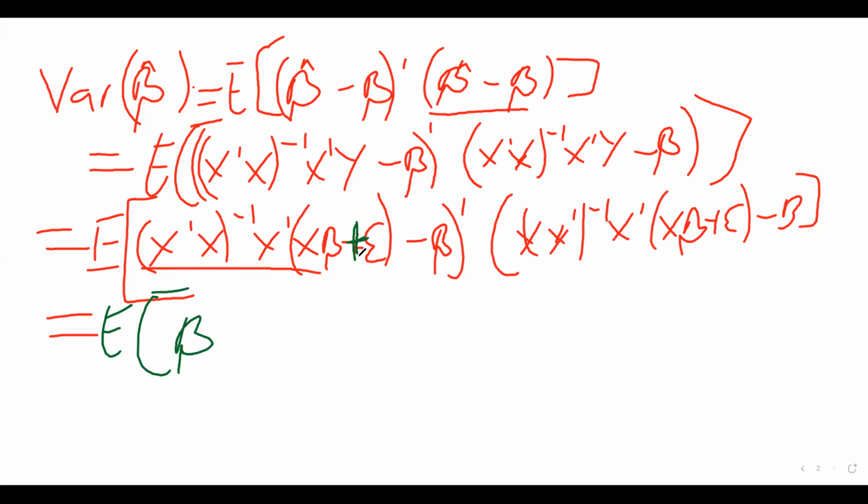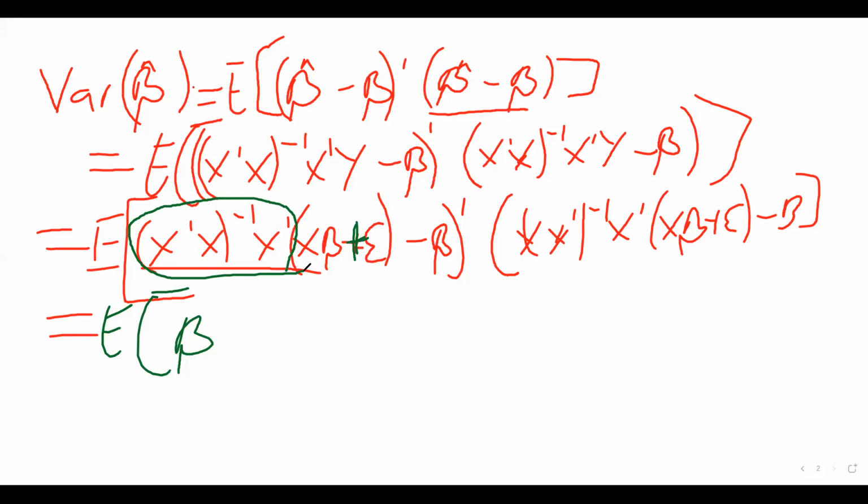And then this second part, the epsilon, will have this whole upper part. So if it is going to have that whole upper part, then we are going to be left with (x prime x) to the power negative 1, x prime epsilon. That's what we are going to be left with.